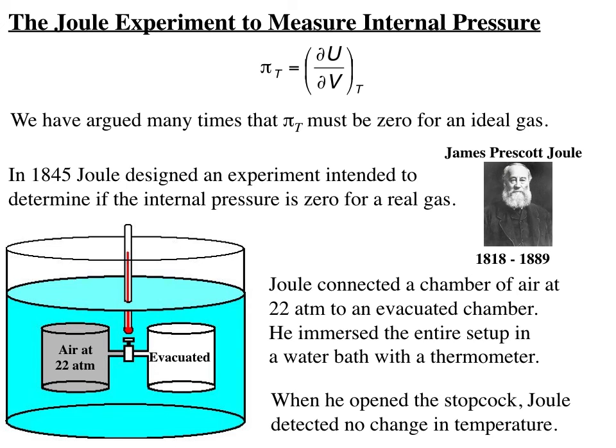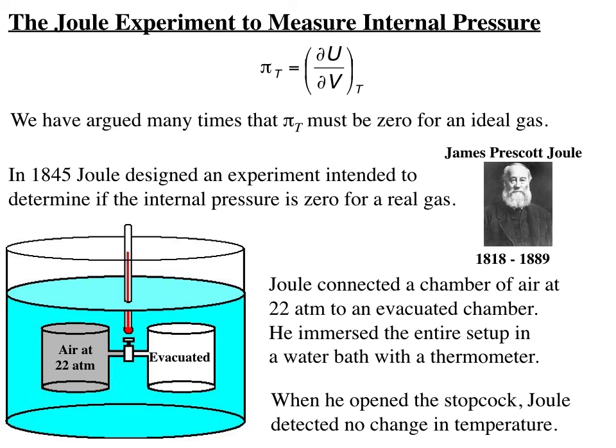And then he sealed it in a container that had a stopcock attached, and he connected it to a vacuum chamber, and he opened the stopcock and let the high pressure gas expand into the zero pressure area, so that he was looking for how the internal energy would change as the volume changed.